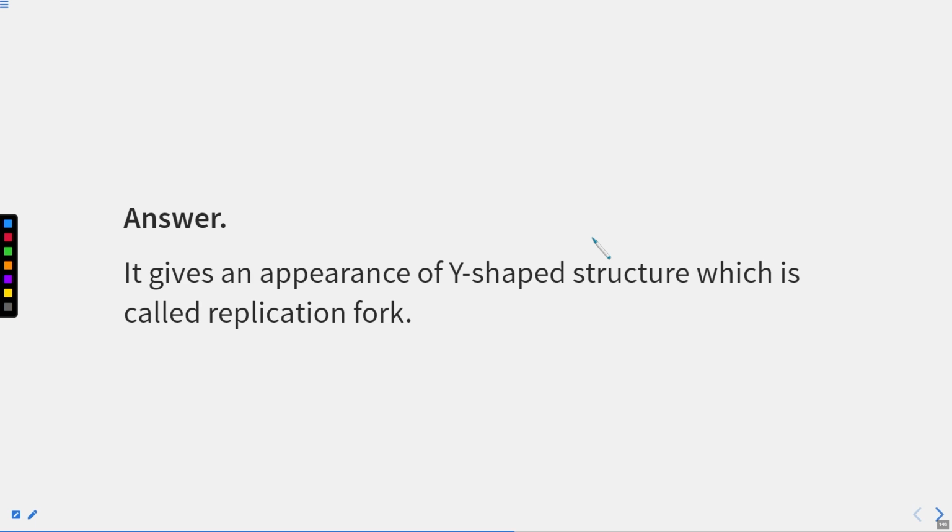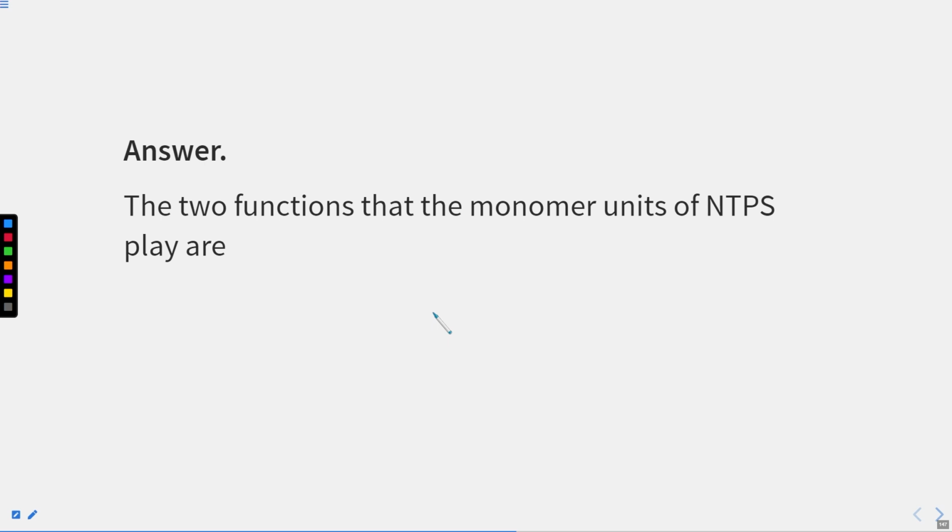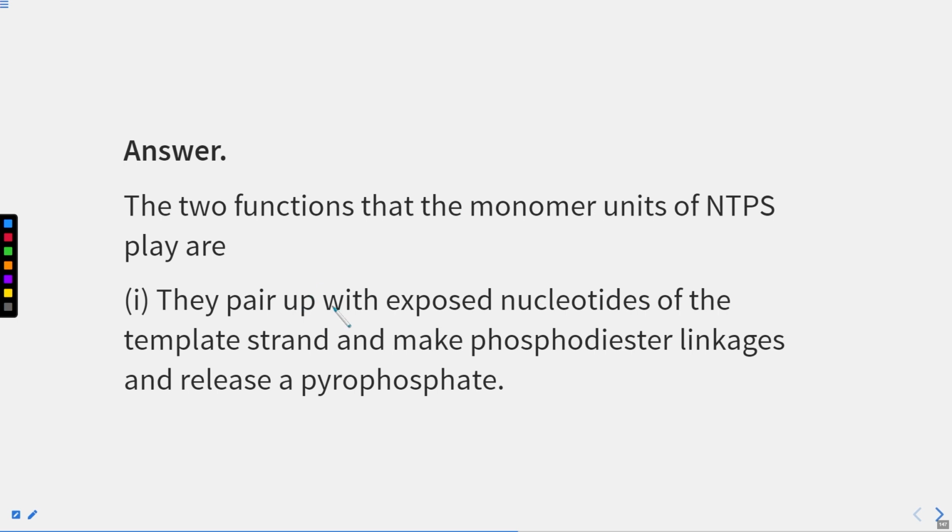Now, replication fork. The replication fork gives the appearance of a Y-shaped structure. So this Y-shaped structure is known as the replication fork. I've already drawn the diagram of the replication fork. Now, what are the two functions that the monomeric units of DNA, the dNTPs, will play? First, they pair up with exposed nucleotides of the template strand and make phosphodiester linkages and release a pyrophosphate.